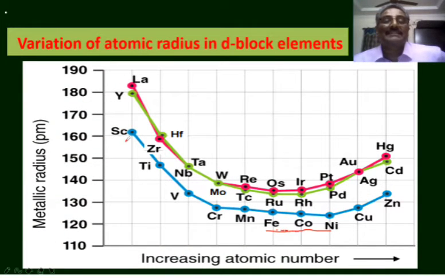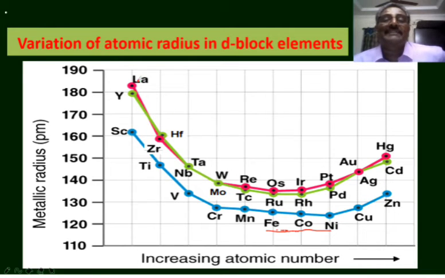We already discussed the variation of atomic radius in the 3D series. Now let us go to the variation of atomic radii in 4D series and 5D series. 4D series elements are yttrium, zirconium, niobium, molybdenum, technetium, ruthenium, rhodium, palladium, silver and gold.